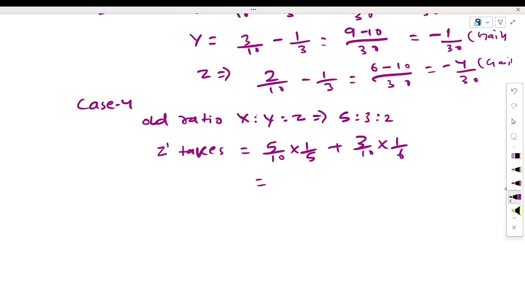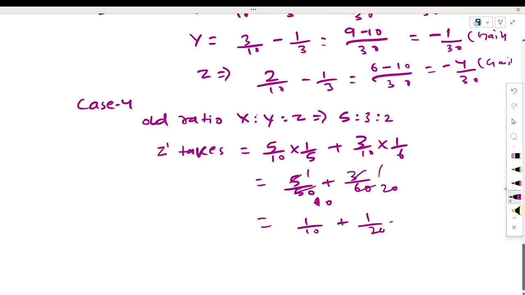How much amount? 5/50 plus 3/60, that is 1/10 plus 1/20.